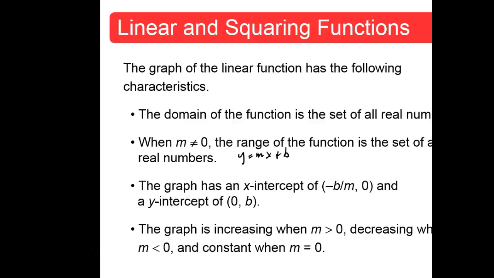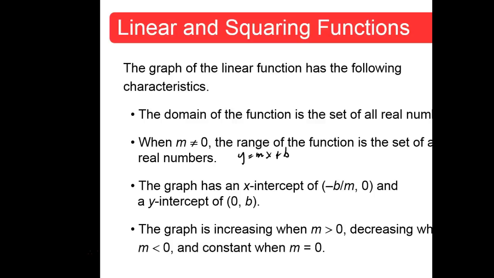If you gave me the ordered pair, what would be similar? It would have a 0 in it. Where would that 0 be? The y value. The x can be anything. The y is always 0. It's neither up nor down. So the x-intercept is where y is equal to 0.